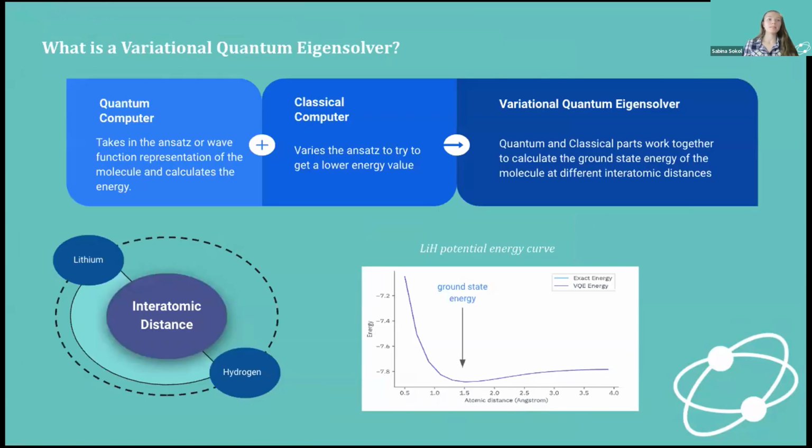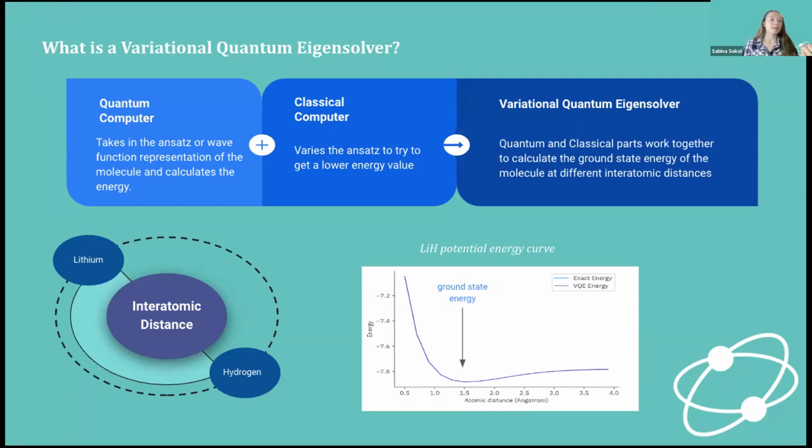What we're looking for is the distance at which the energy is the lowest, aka the ground state energy. The way the VQE works is that the quantum computer takes in an ansatz, which is like an educated guess, in the form of a wave function that represents the molecule. Then a classical optimizer alters that ansatz, aka the guess, in an attempt to lower the energy value.